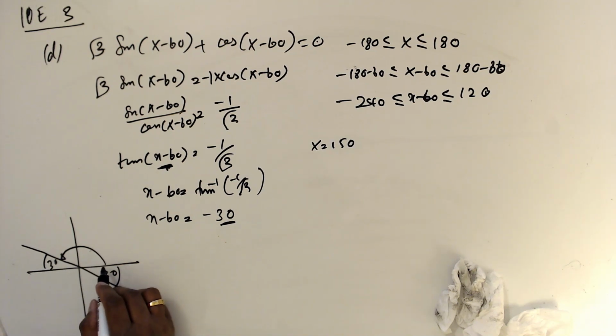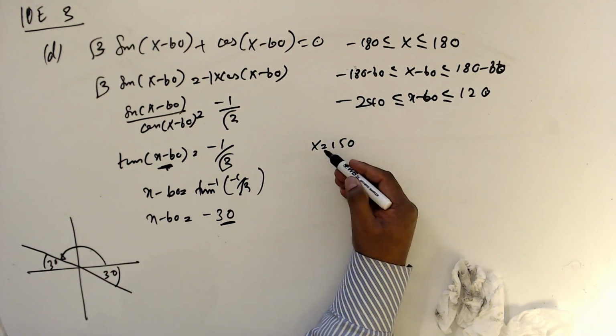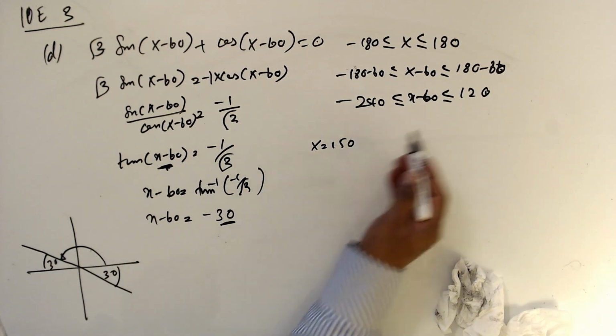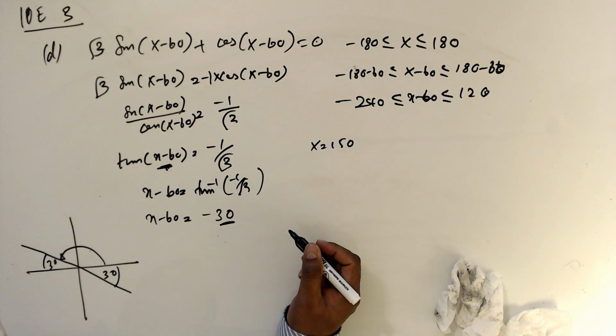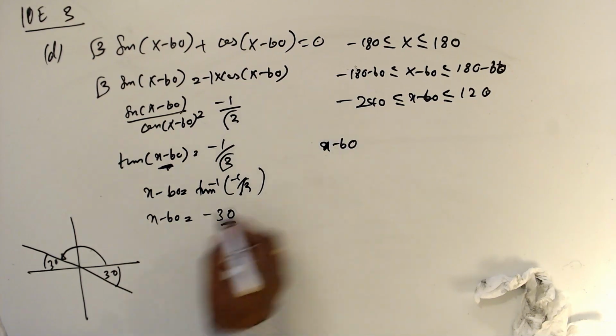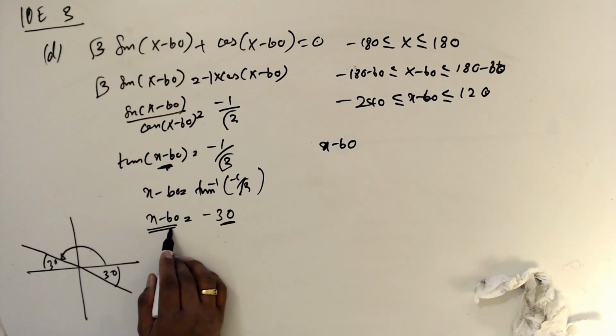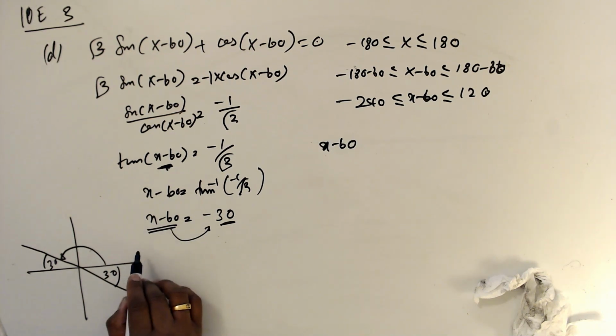The second answer is going to be more positive, so we don't need to look at that one because it is already out of range. This is x − 60, we have to leave as it is. We should never ever take it to this side and add these together.